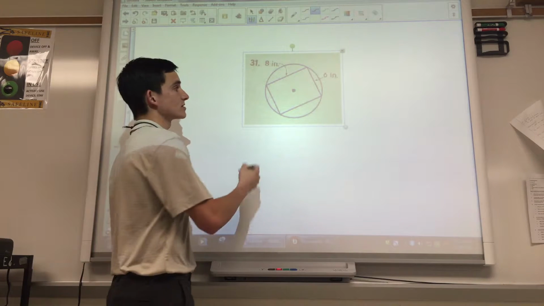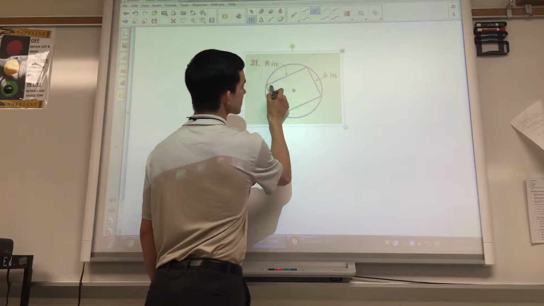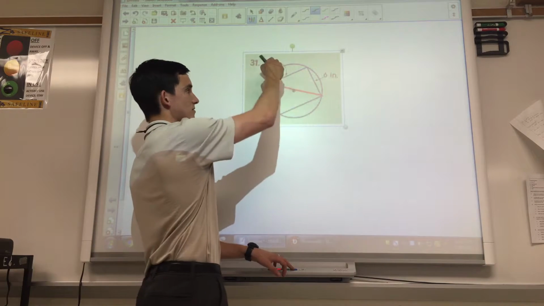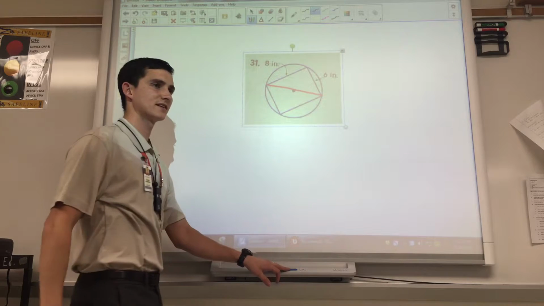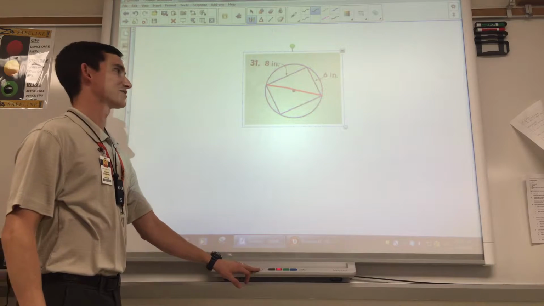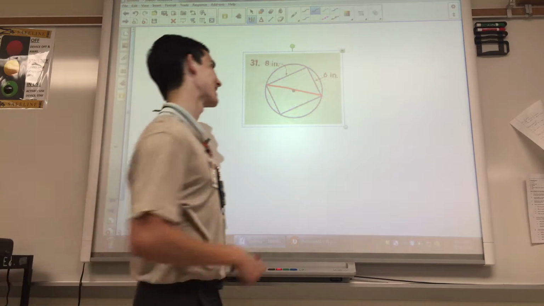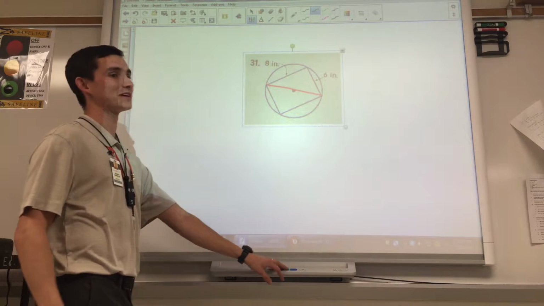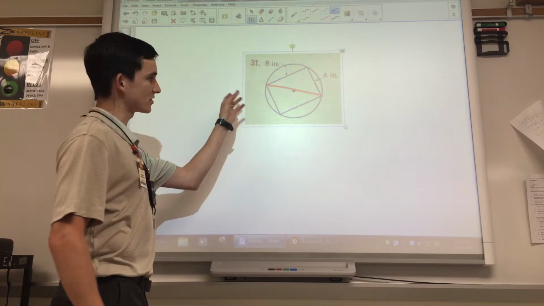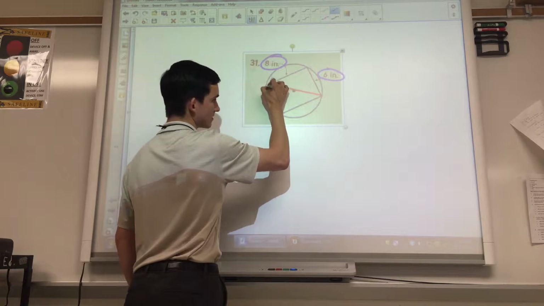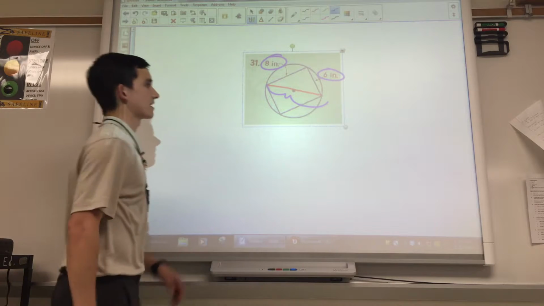But you have to have the foresight of seeing that the diameter is just this. So it'd be a squared plus b squared equals c squared. Well, you've got to provide more than just one point to the other point. Okay. So yes, then you can do a squared plus b squared equals this distance squared. Okay.